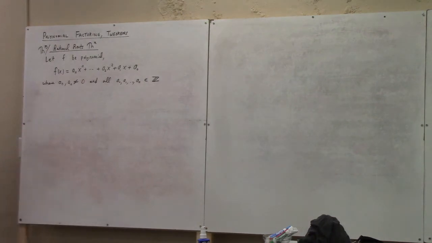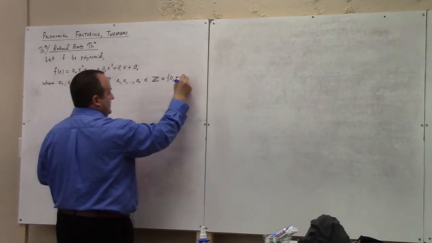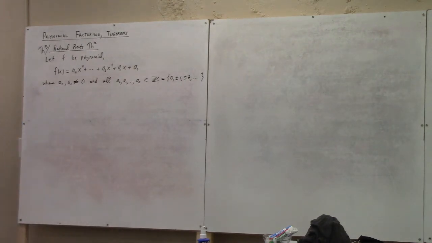Right? So remember the integers, this is what? Like 0, plus or minus 1, plus or minus 2, et cetera, et cetera, et cetera. Right? Whole numbers and their negatives, also 0.